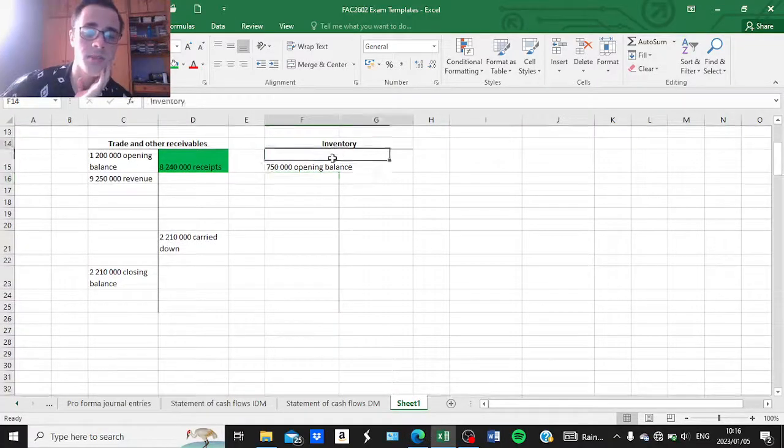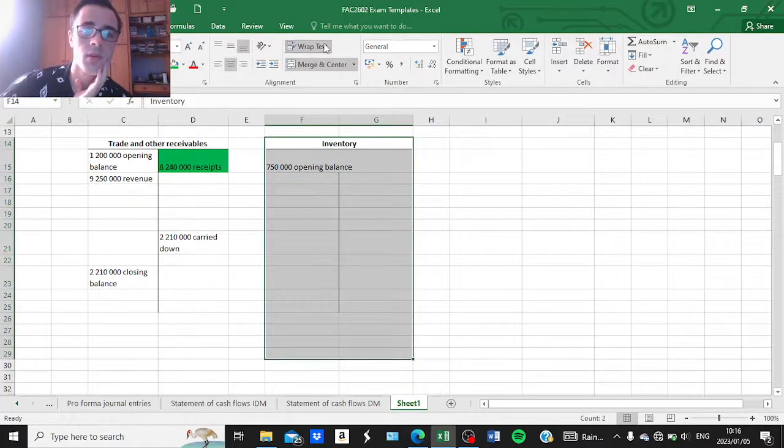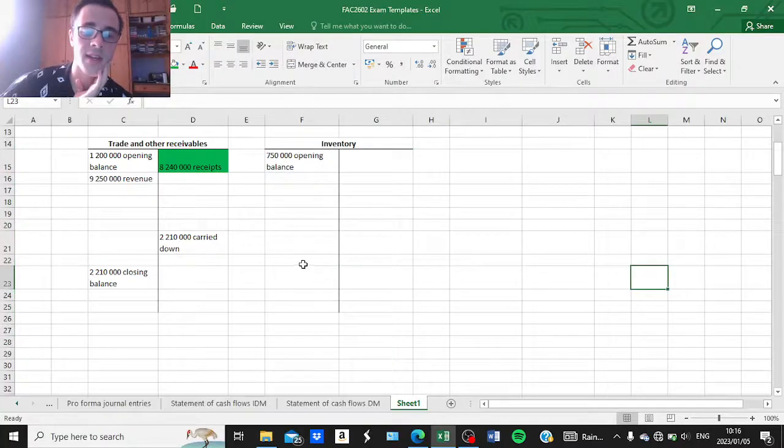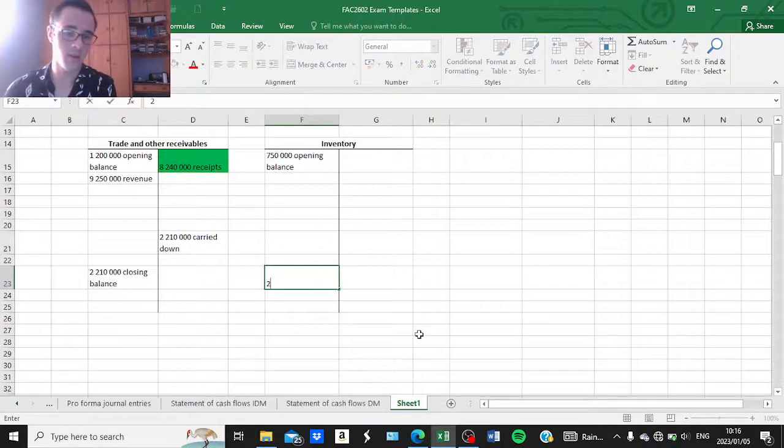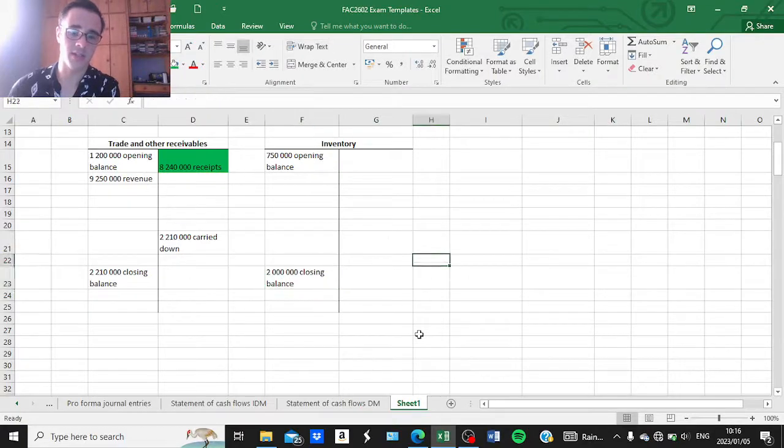And we are given a closing balance of 2 million rand. So this was the closing balance for inventory, which was carried down from the credit side.